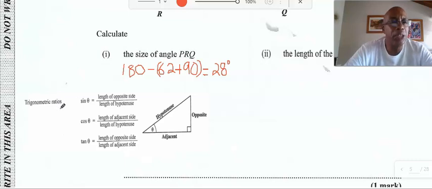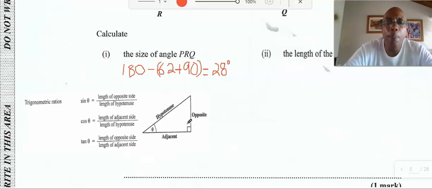The trigonometrical ratios are sine, cosine, and tangent, and these are given to you in the CSEC examination. As shown here, in any right angle triangle, you can name the sides based on a given angle.